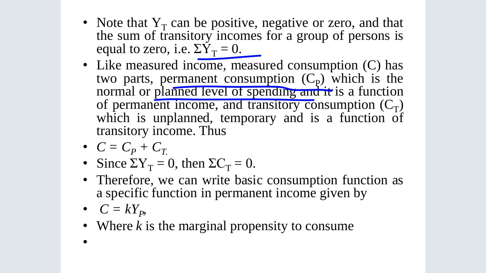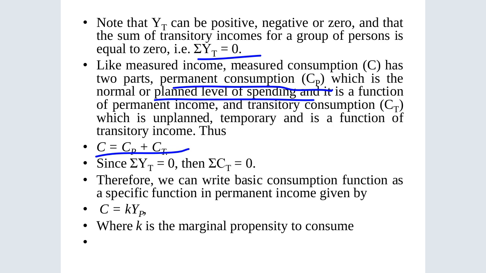So the permanent consumption depends on the permanent income. And the transitory consumption also depends on the unplanned or temporary increase in income. So the consumption function is made up of two parts: the permanent consumption part and the transitory part.